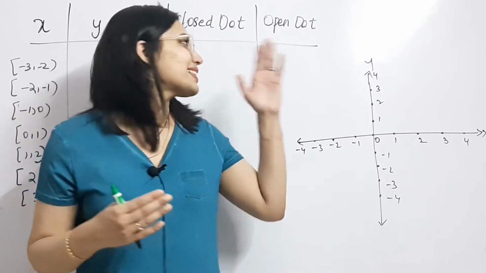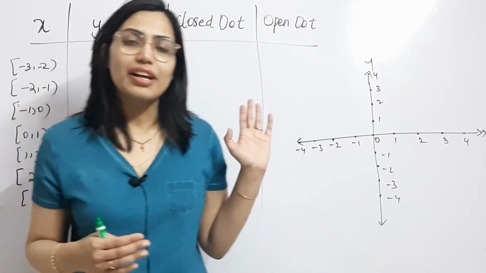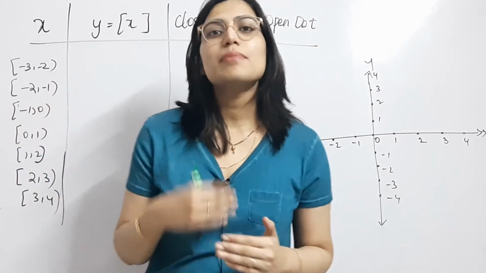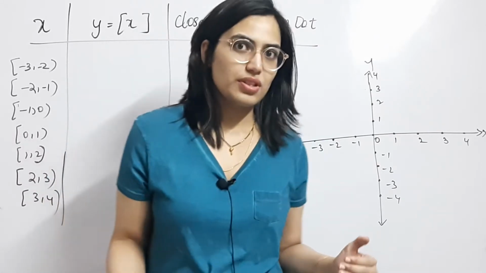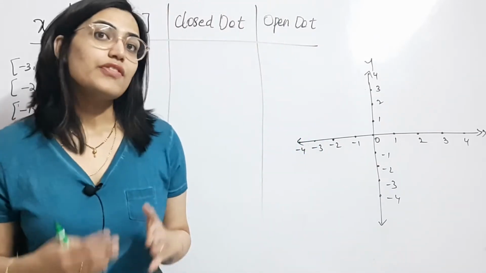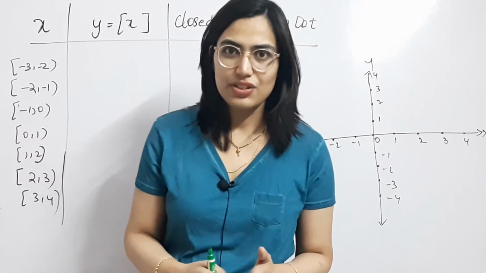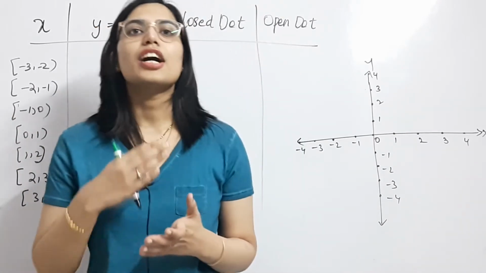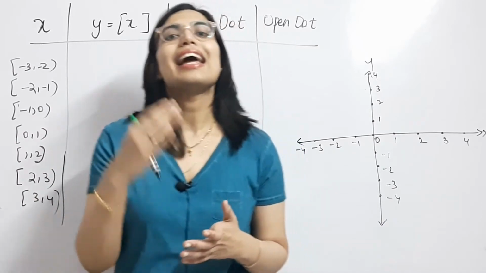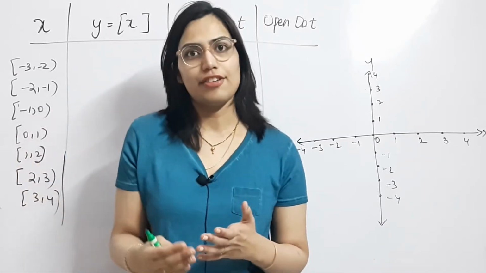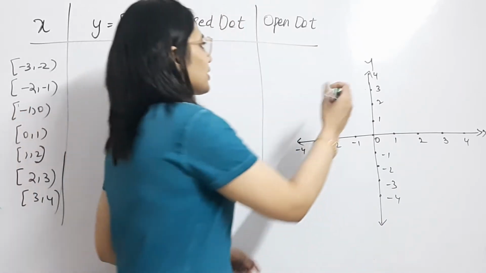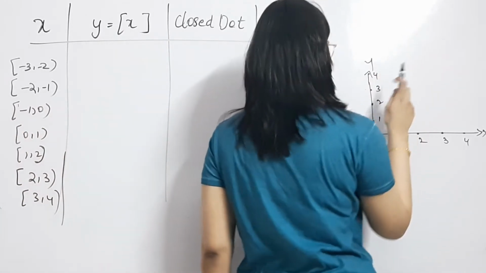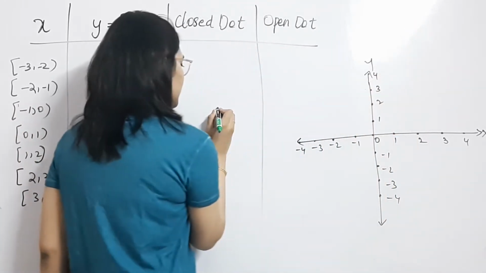However, the step function or greatest integer function is a bit different. Usually here we consider intervals and then plot a graph. So in short, in the step function we are working with intervals and end points to plot the graph. If you fill a circle like this, say for example this is a circle here, okay?